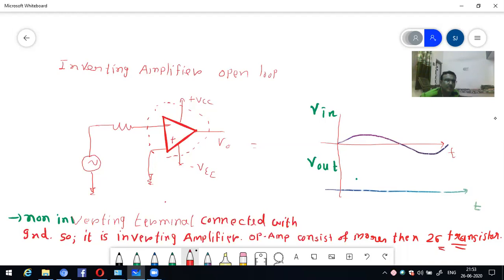Op-amp consists of more than 26 transistors. So if you connect more than 26 transistors in the circuit, at that time, what is the output voltage?